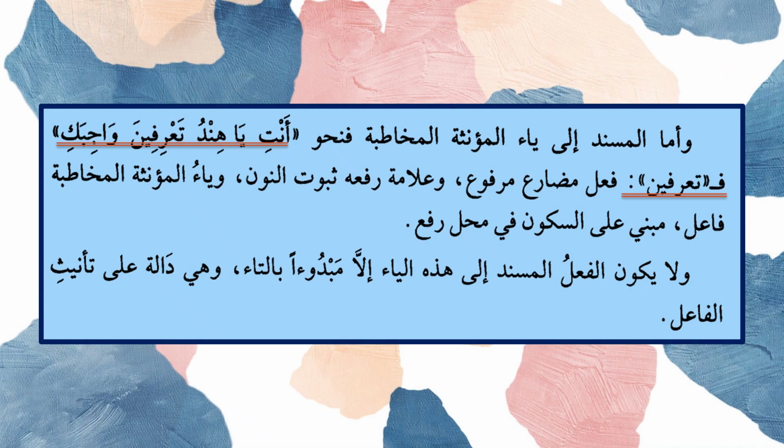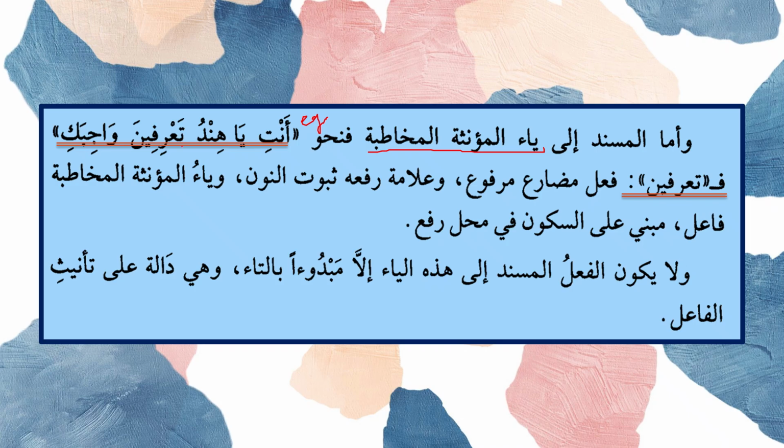Let's do the third noon that comes with the ya mukhatiba. So you don't have to say ya al muannasa al mukhatiba. You can say ya mukhatiba. Now, if you see in this example, anti ya Hindu, Hind is the name of a woman, ya Hindu ta'rifina wajibaka.